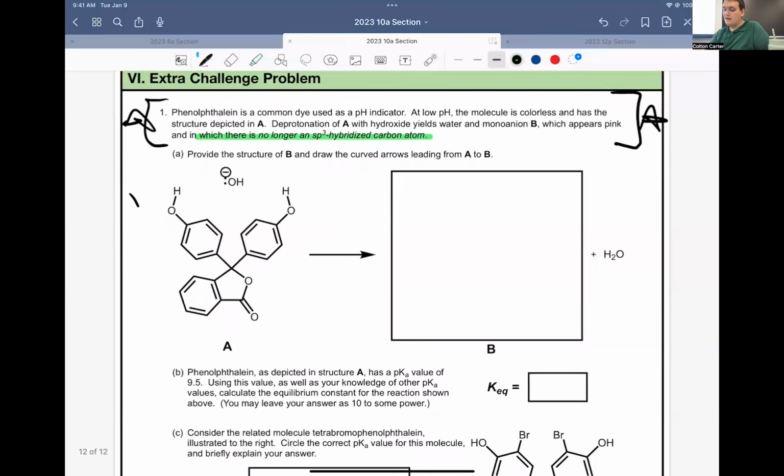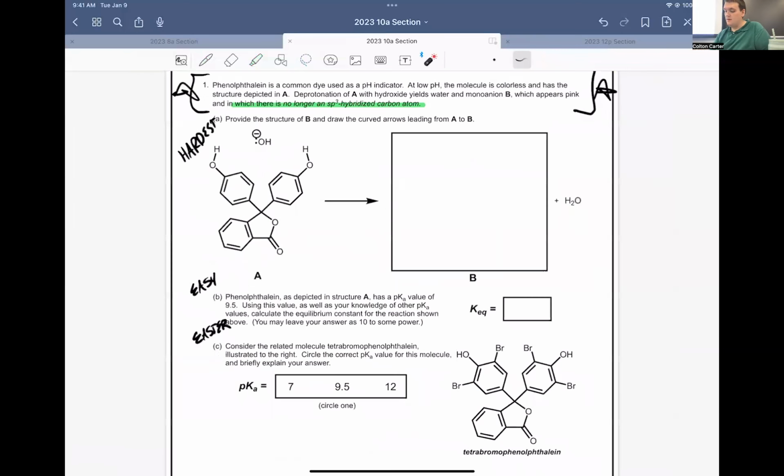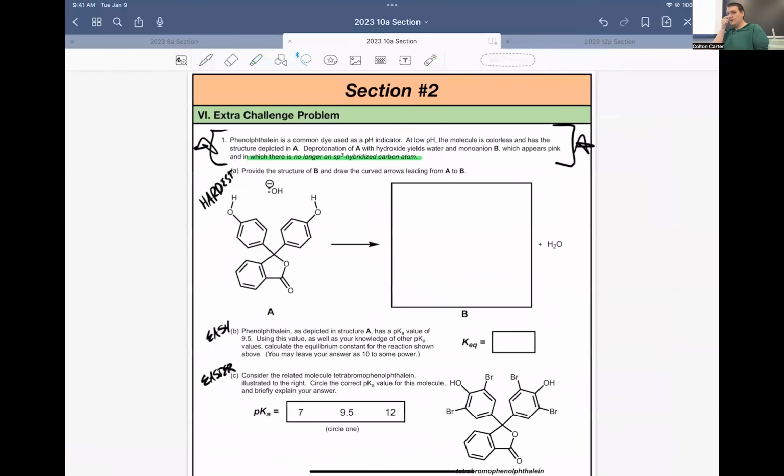Part A is the hardest. Part B is easy and part C, I think, is easier. So if you get stuck on part A and can't figure out what to do with this, go on to part B and C and try to get those. So I'm going to give you a few minutes just to work on it on your own, then we'll talk about it.